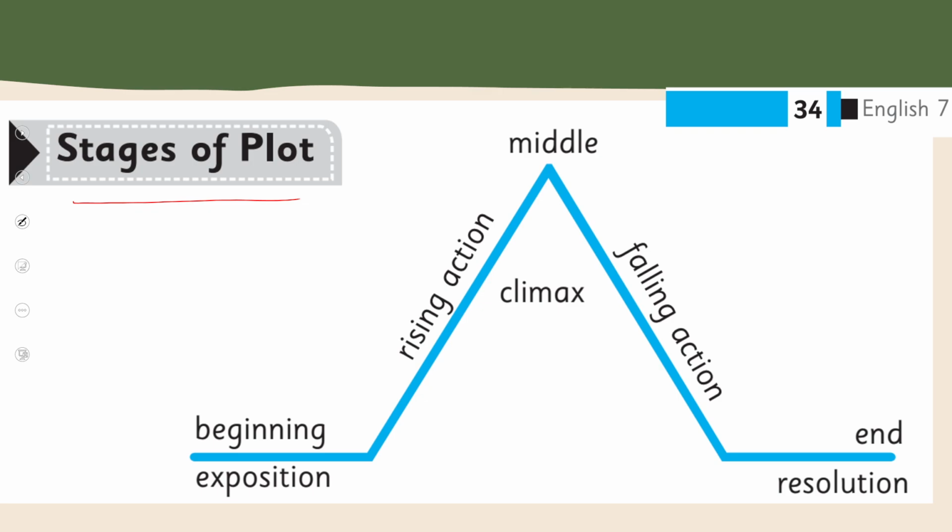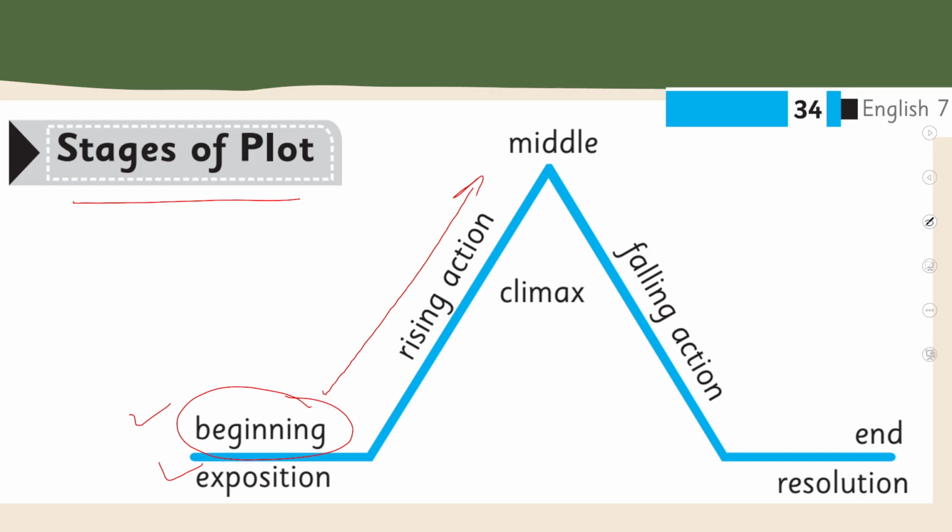First, as we talked about, exposition, it is also called beginning. Here your story starts, and then it goes on with when the action rises and when the thing starts happening, we call it rising action.